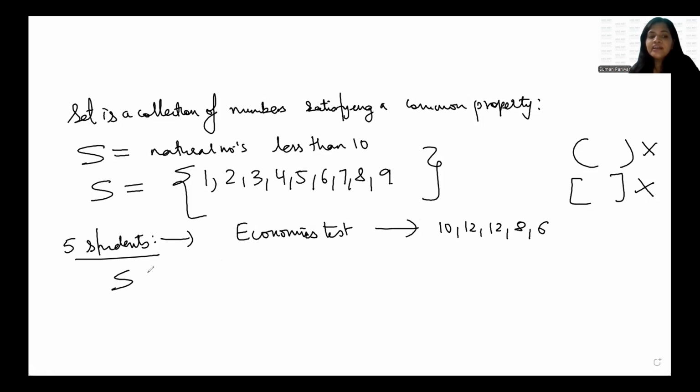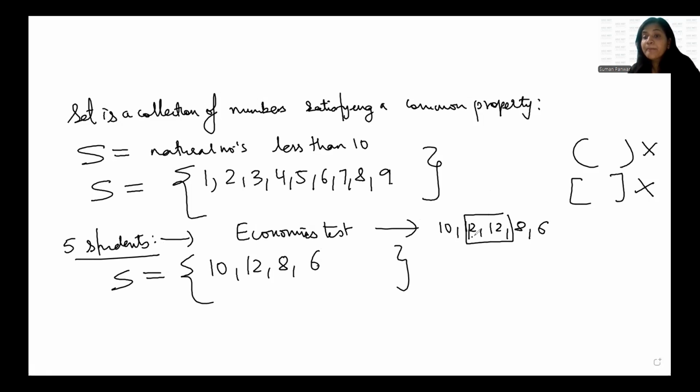So the set consisting of the marks will be 10, 12, 8, 6. Remember one thing, here 12 is repeated twice, but it will only be written once in a set. That means one element cannot be repeated more than one time in a particular set, no matter how much the frequency is. Maybe it is repeated 100 times, but you will write it only once inside the set.